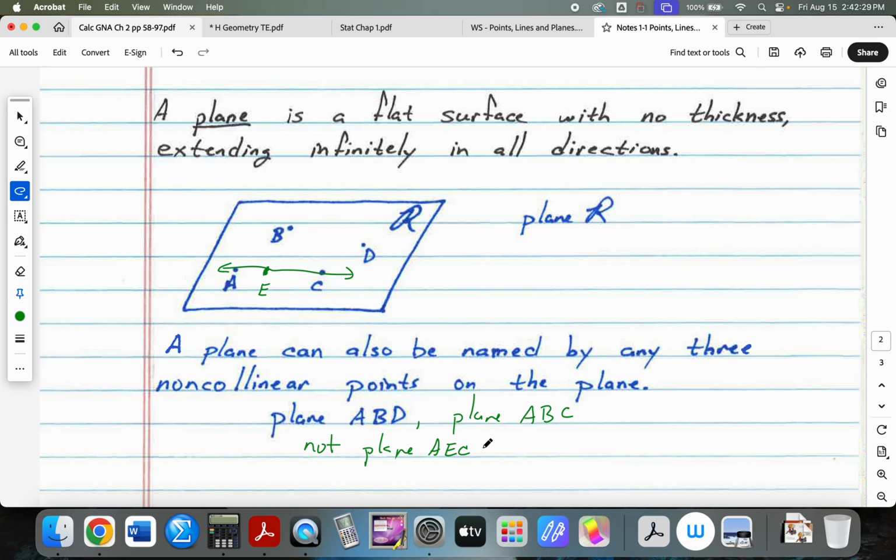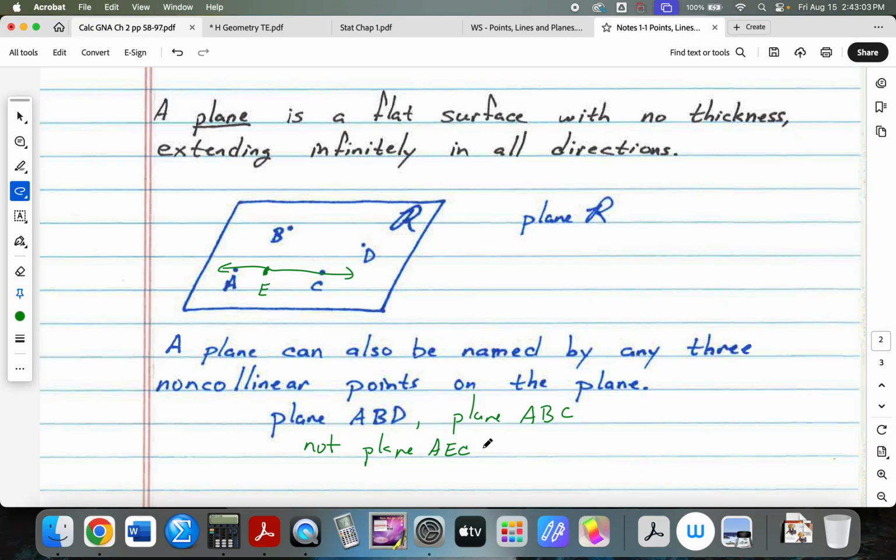Now, you're like, that feels like a random rule. Who made that up? Why is that a rule? Well, let me show you real quick. So on this piece of paper, I'm going to draw a line that has those three points A, E, and C all on a line. So everybody see that?